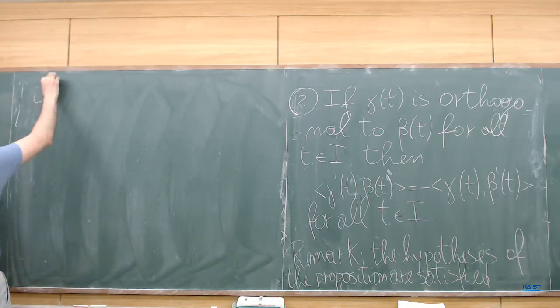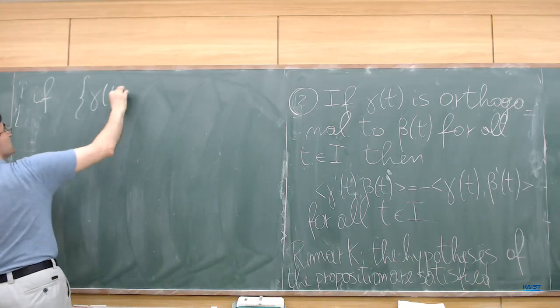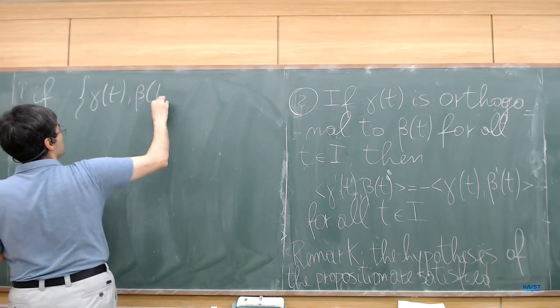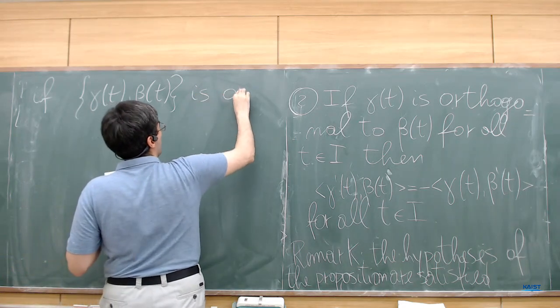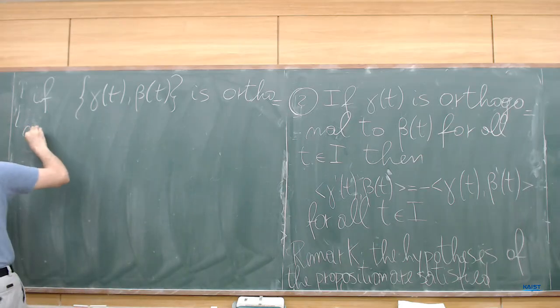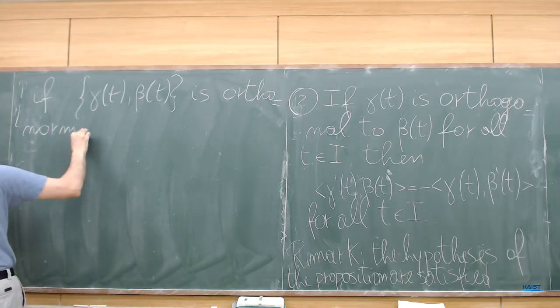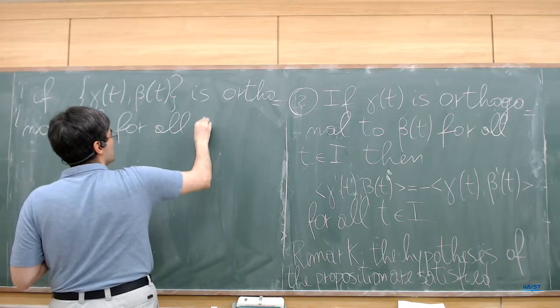If the collection of vectors gamma t, beta t is orthonormal for all t.